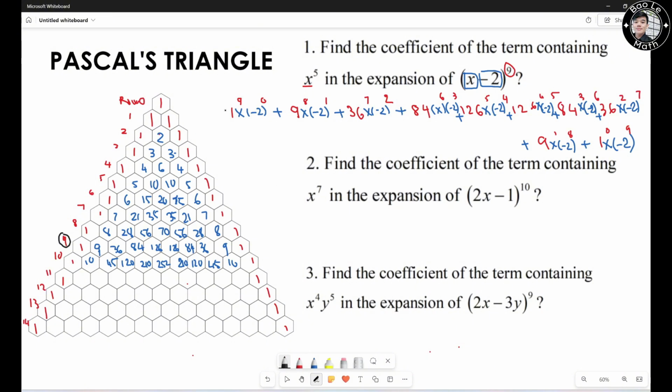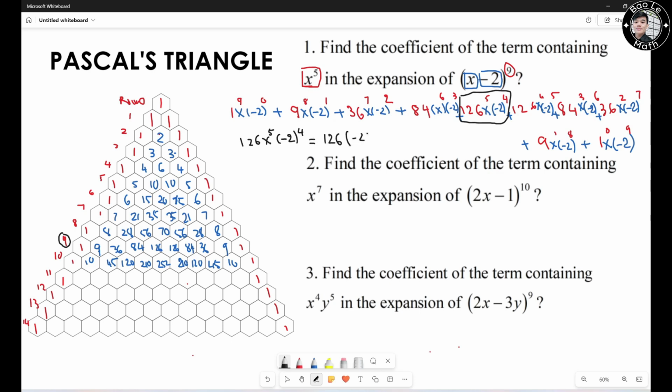Okay, so look at this one right here. They ask you to find the coefficient of the term containing s power of 5. So we look for the s power of 5, and we only have this one right here. Alright, so we're going to write this on the side. It's going to be 126 times s power of 5 times negative 2 power of 4.